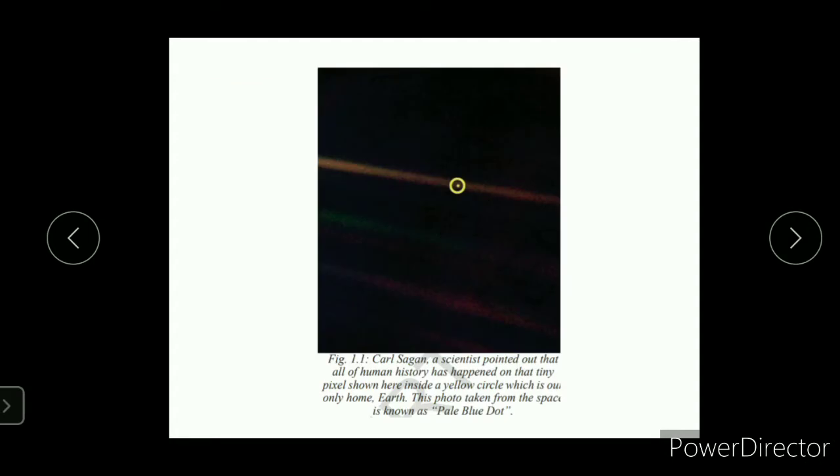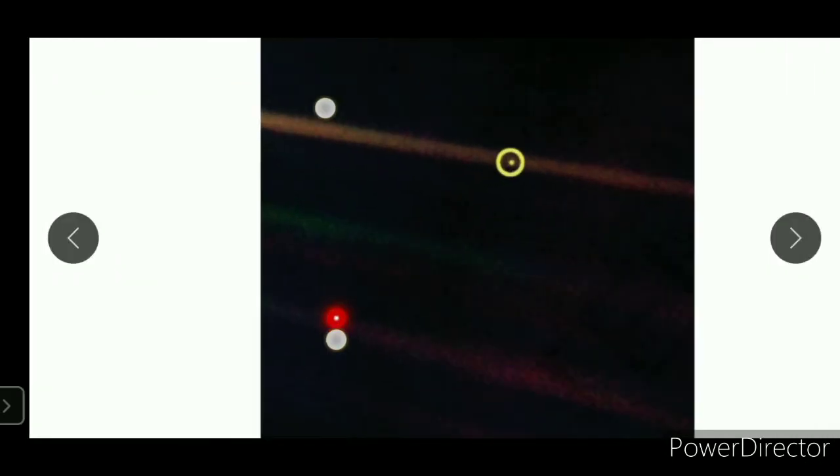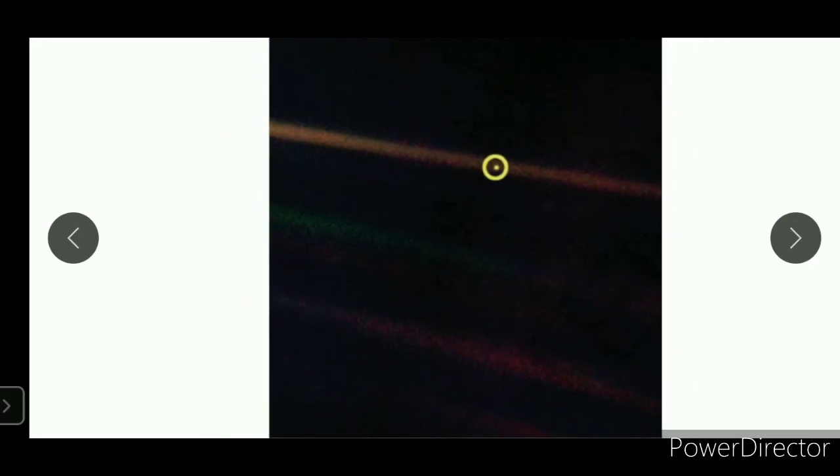My dear students, what do you see on the screen given here? There is a small dot inside a circle. Do you know what it is? It is our beautiful planet, the Earth, which is inside the circle.